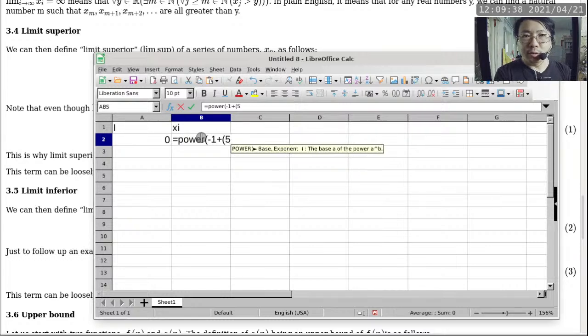a 5 divided by this number plus 1, because we don't want a division by 0, so it has to start with at least 1. So when this sequence goes further and further, the contribution of 5 divided by something plus 1 is going to be smaller and smaller, because A2 will get larger and larger.